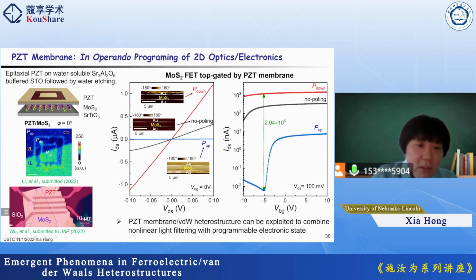We have also used the oxide as a top gate for a molybdenum disulfide transistor device, and by changing the polarization using conductive AFM, we induce orders of magnitude change of the channel conduction. This is basically a 200,000 times modulation of the molybdenum disulfide. In the future, we want to continue combining PZT membranes with van der Waals heterostructures, which allows us to combine linear light filtering with programmable electronic states.